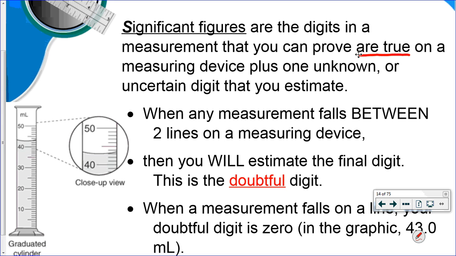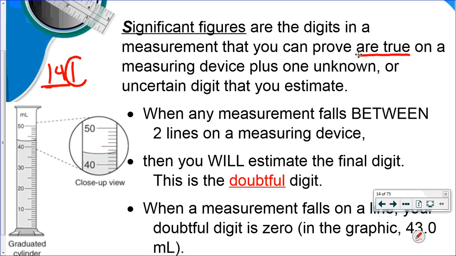Do I know for sure that I weigh 140 pounds at least? Yes. But am I 100% certain that that one is right on the mark? No. So if I say my weight is 141, I know for sure I'm in the 140 range. Those are significant.